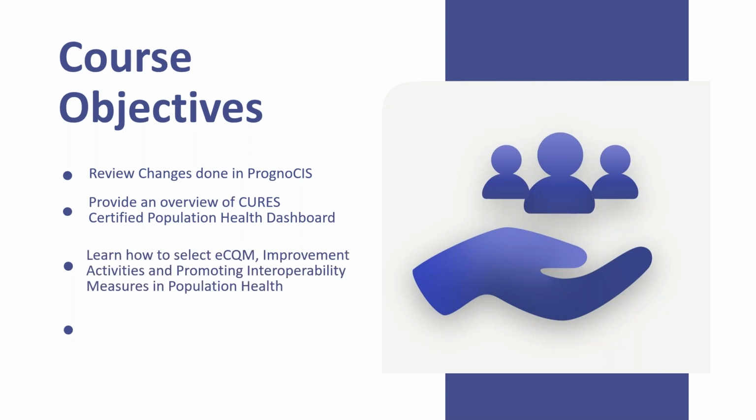We're going to learn how to select our eCQM, improvement activities, and promoting interoperability measures in population health. And we're going to learn how to run our reports, preview scores, and submit data to CMS.